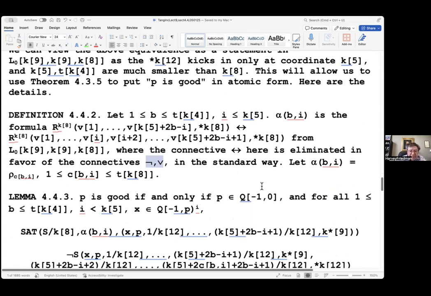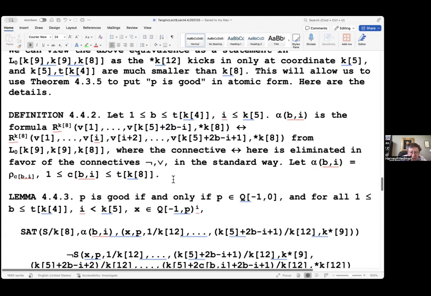And this formula alpha bi, where B and I are used in here, this formula is rho of something, right? In other words, it's got an index. The index is C of bi.